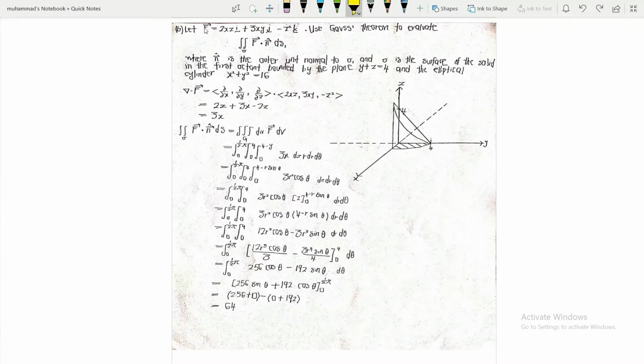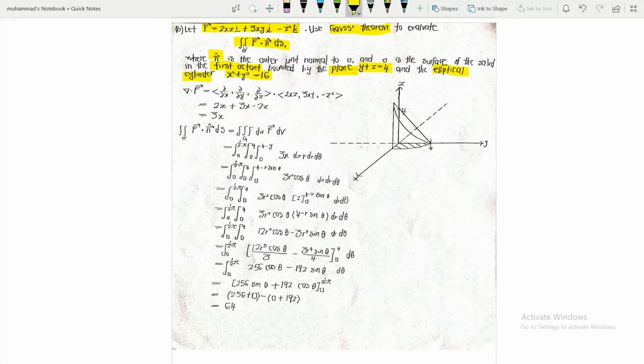Question b. Let f equal to 2xz i plus 3xy j minus z squared k. Use Gauss's theorem to evaluate the double integral over sigma of f dot n dS, where n is the outer unit normal to sigma and sigma is the surface of the solid in the first octant bounded by the plane y plus z equal to 4 and the cylinder x squared plus y squared equal to 16.